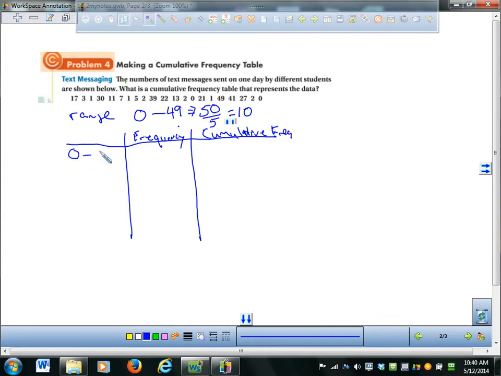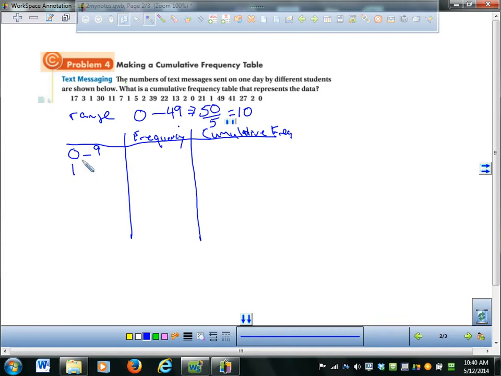This one's easy. 0 to where? 10 numbers from 0 up to what? 9. Because 0 to 10 would be 11 numbers: 1, 2, 3, 4, 5, 6, 7, 8, 9, and 10. So if you count 0, 0 to 9 would be your first one.